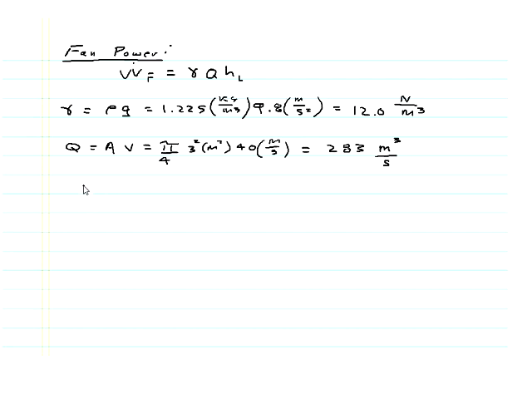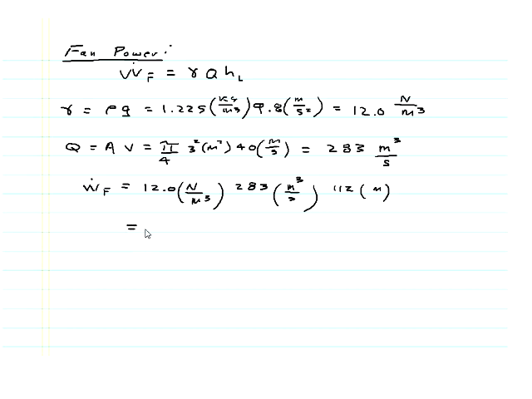So the power for the fan is then the specific weight, 12.0 newtons per cubic meter, times the volume flow rate, 283 cubic meters per second, times the head loss, which was 112 meters.